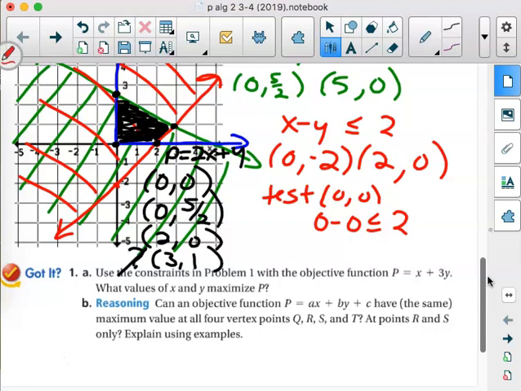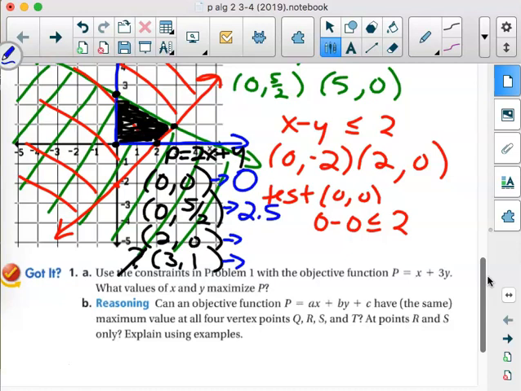And I'm just going to use a little arrow here to show, hey, I plugged these in, and this is what I got. So if I put 0 and 0 in here, 2 times 0 plus 0 is 0. I highly doubt that is going to be where the most profit is made. Then I put in 0 and 5 halves. That's going to give me 5 halves, or in this case I'm going to write 2.5 because I want everybody to remember you can use decimals with word problems.